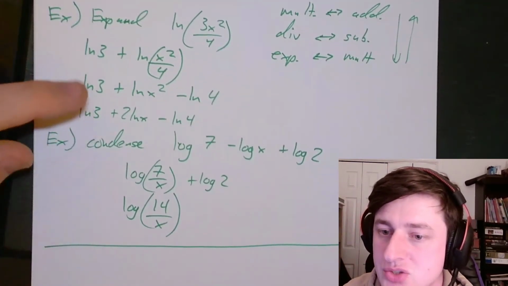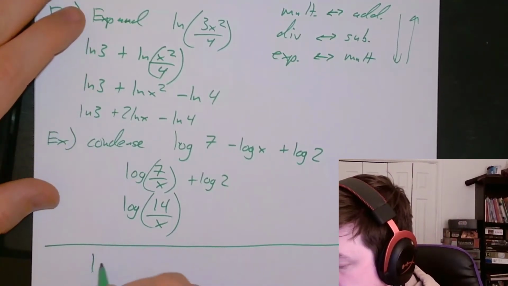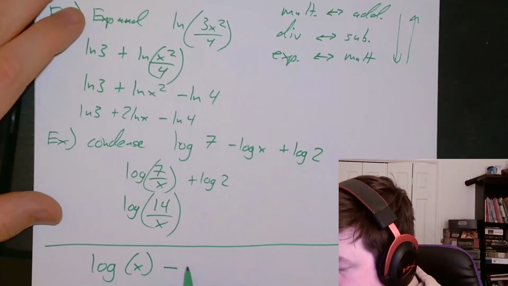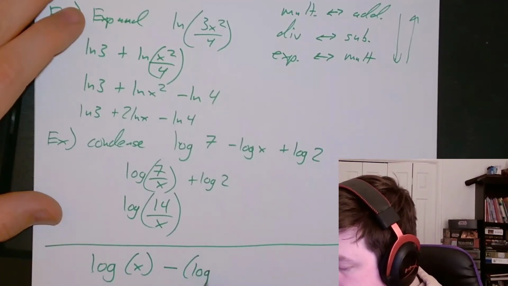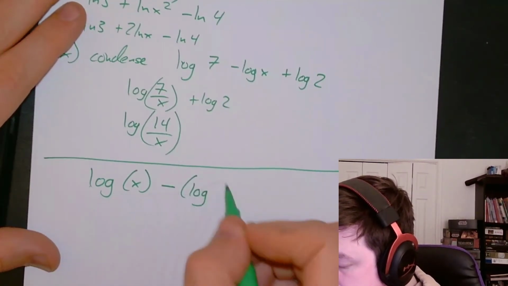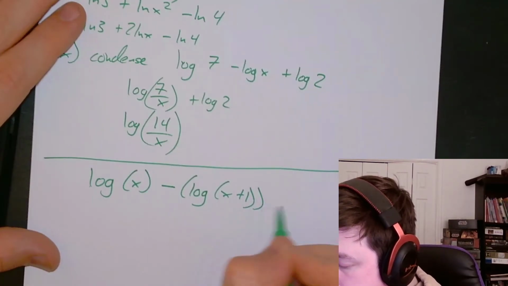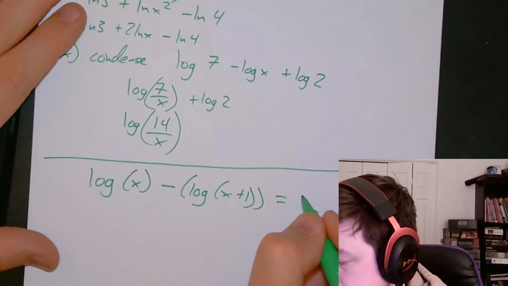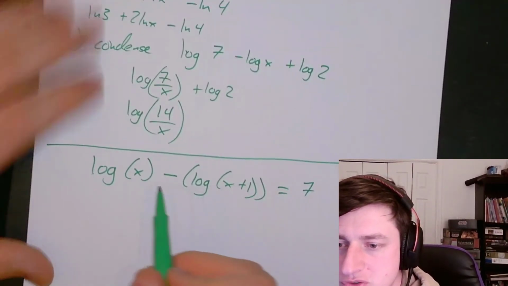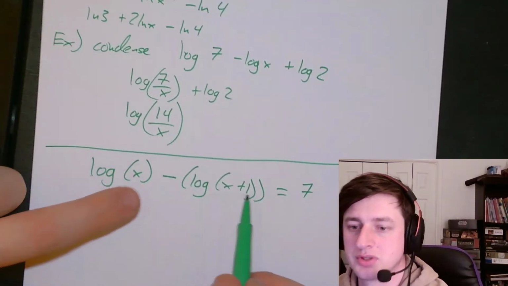The main case where you want to use this condensing is when we have something like this. Don't know why I put that in parentheses. Log x minus log x plus 1 equals, I don't know, 7. So I have 2 logarithms, same base, different insides.